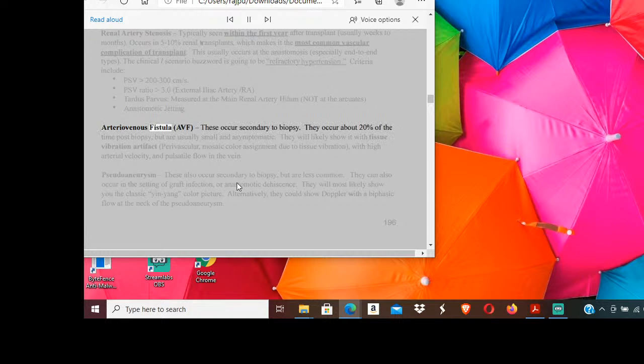Arteriovenous fistula, AVF. These occur secondary to biopsy. They occur about 20% of the time post-biopsy, but are usually small and asymptomatic.